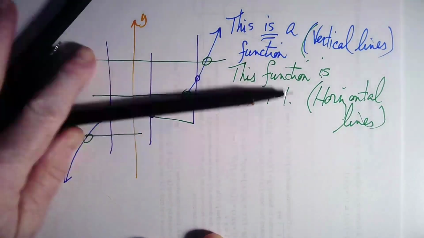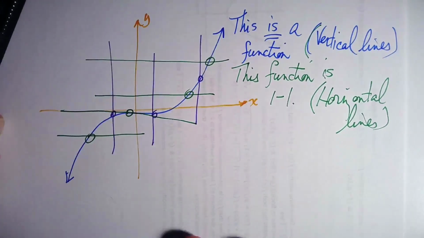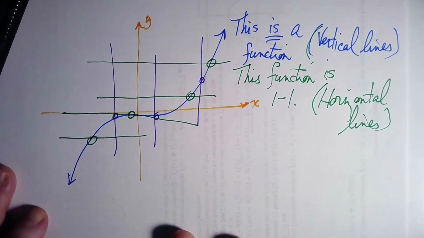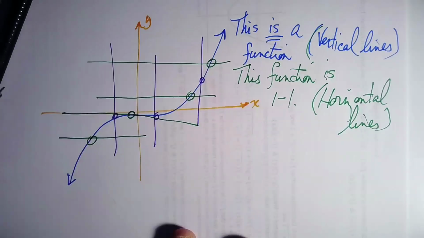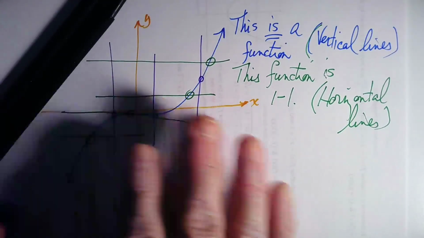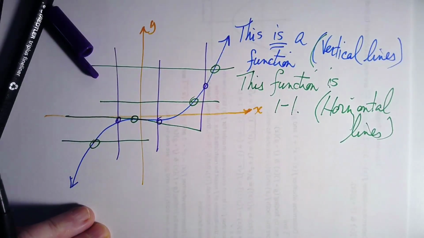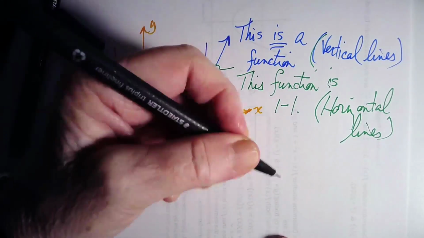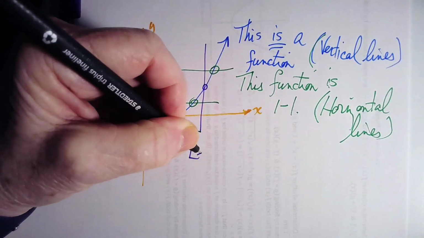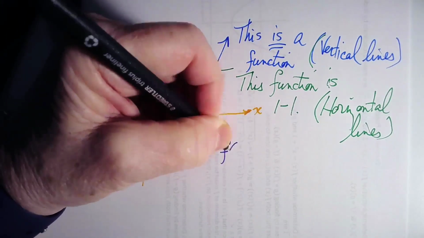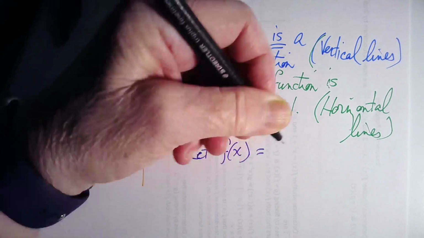And let's look at a particular function and see if there's an algebraic way to show that it is 1-to-1. So let f of x be 3x minus 7.